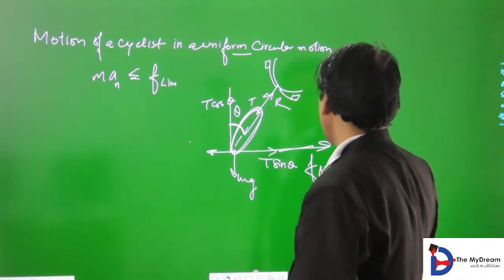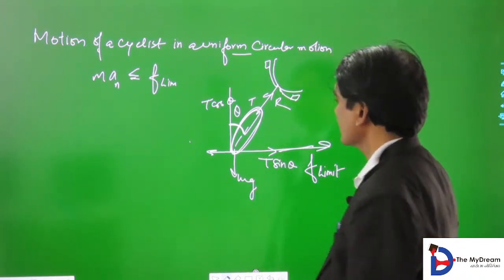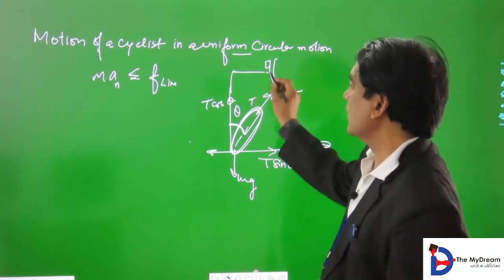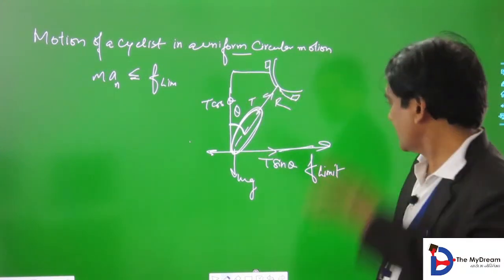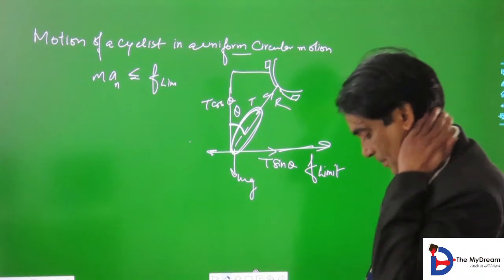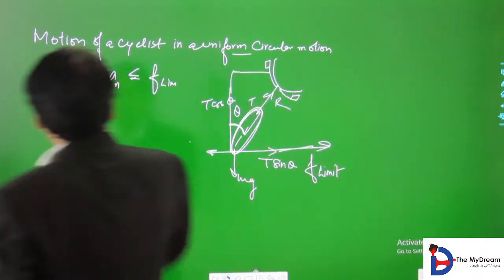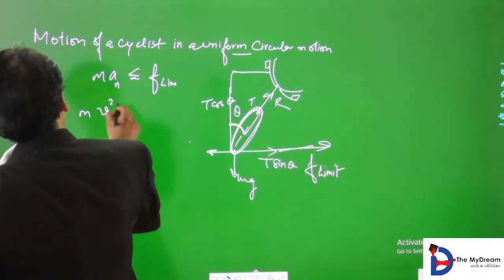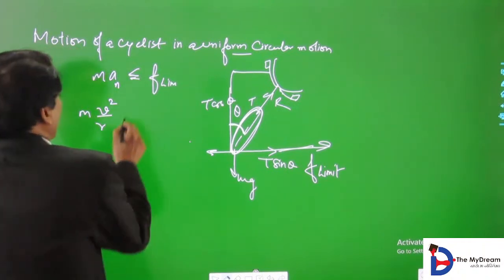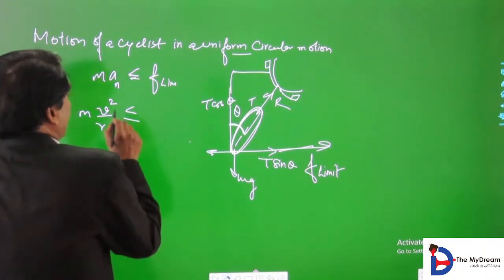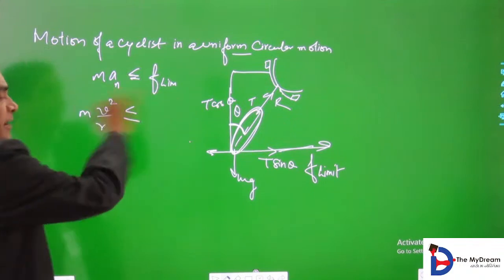Limiting force of friction, perpendicular upon base, which gives this. This is V square by R, which... किसके लिए लिखी है कंडीशन, कोई बताएगा?